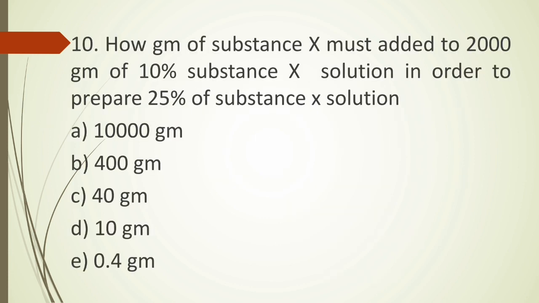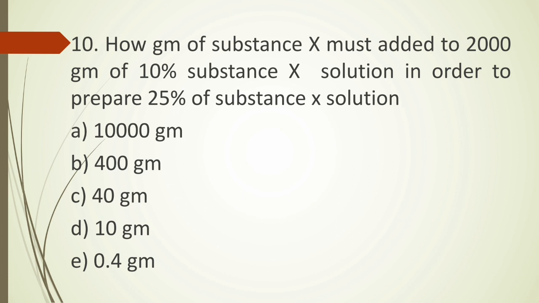For example, substance X will be 100% pure, so 100% of X must be added to M2, that is 2000 gram of 10% substance. So here M2 is 2000 and V2 is 10%.